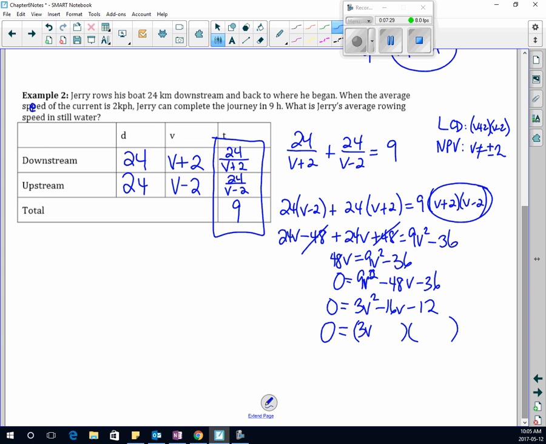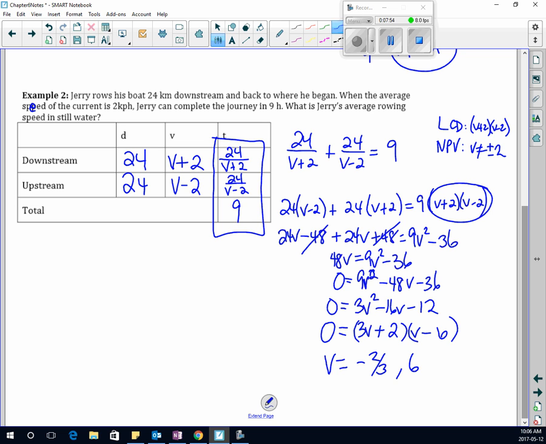It has to be 3v and v, and now I got to play around with factors of 12 to make it work. So looks like it should be plus 2 and minus 6. Let's see. Minus 18v plus 2v minus 16v. Very good. So v equals negative 2/3 and 6.